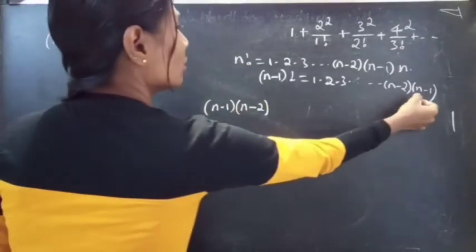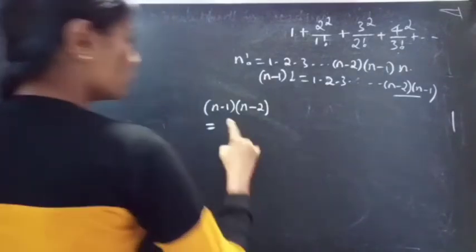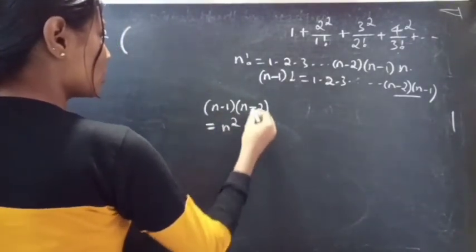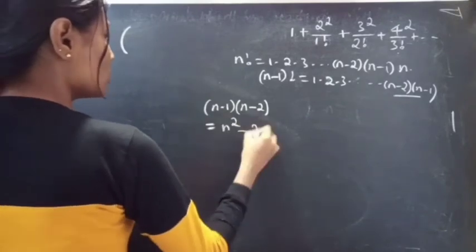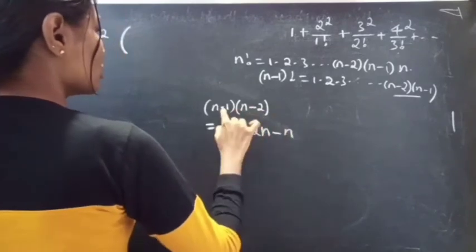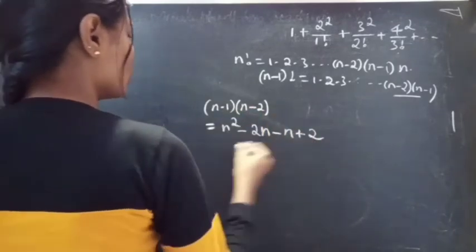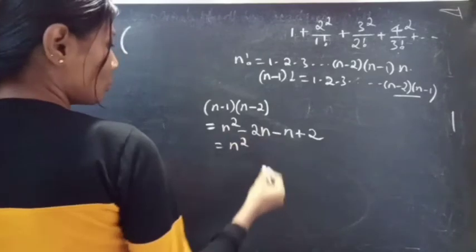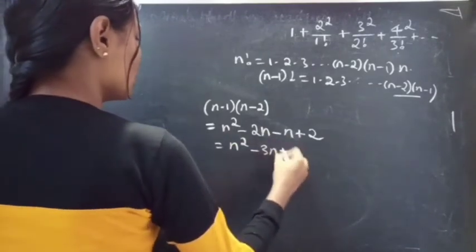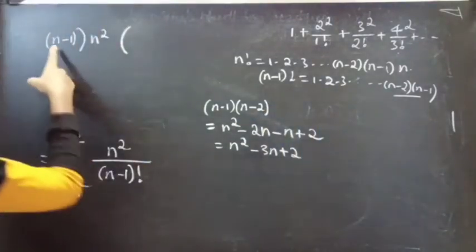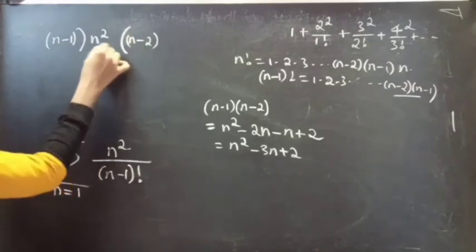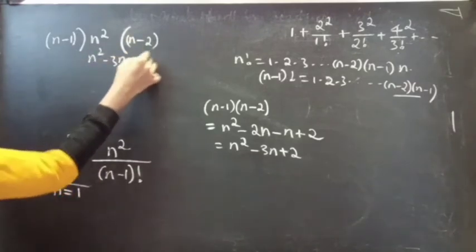So I'll take the last two numbers: n minus 1 into n minus 2 is n into n, n square, minus 2 into n, minus 2n, minus 1 into n, minus n, and minus into minus plus 2 into 1, 2. So this equals n square minus 2n minus n, which is minus 3n, plus 2. So n minus 1 into n minus 2 is n square minus 3n plus 2.